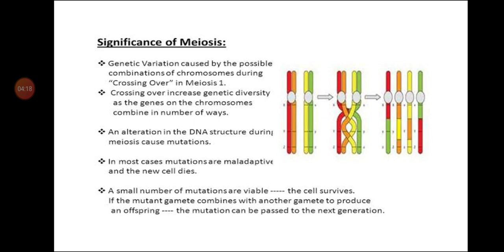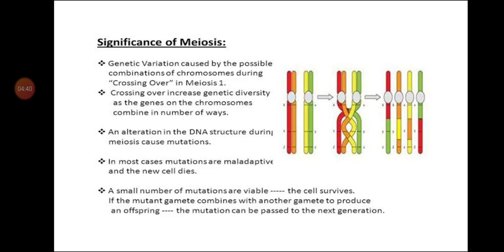Crossing over increases genetic diversity as the genes on the chromosomes combine in a number of ways. There are changes in the gene frequency, as the combinations of chromosomes take place in different ways.